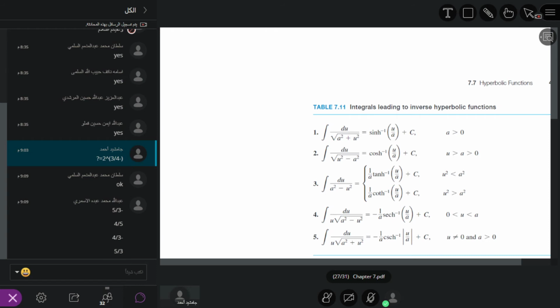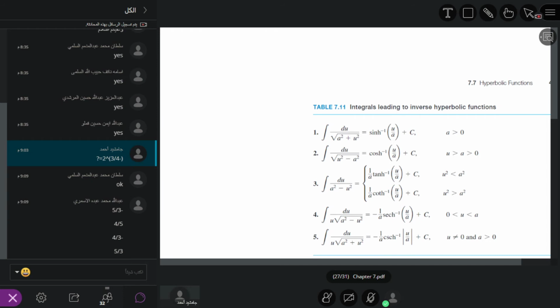e power ln x plus e power minus ln x divided by 2.